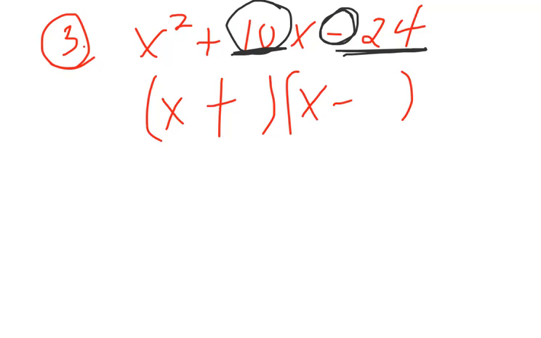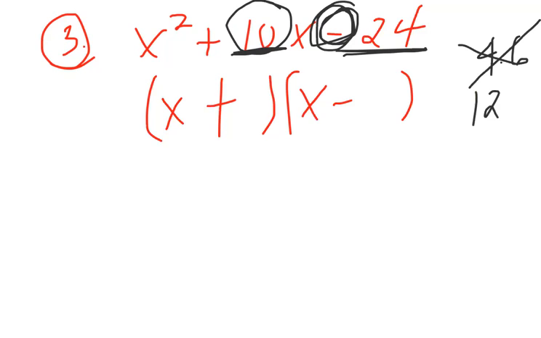That's easier. So think about it, guys. For 24, 4 times 6 is 24. But 6 minus 4 is not going to give us 10, so that won't work.